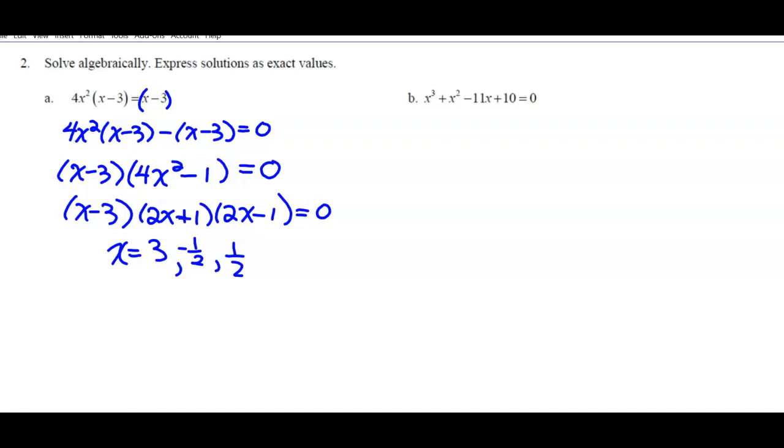Next one, I can't factor by grouping, so I have to use the factor theorem to help me. In this case, these are all integers, and the coefficient here is 1. So really, I only need to look at this. So my potential zeros, or in this case, actually, it's an equation, so they are roots, or solutions, will be plus or minus 1 and 10, and 2 and 5.